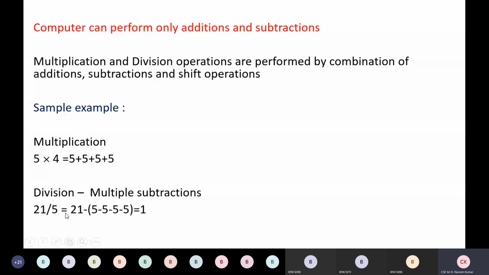If 21 divided by 5, it's like 21 minus 5, and again whatever result we get, we need to subtract 5 again and again until we get the remainder 1. So these are the processes done during multiplication and division, but not exactly, it involves the shift operations also in addition to addition and subtractions.